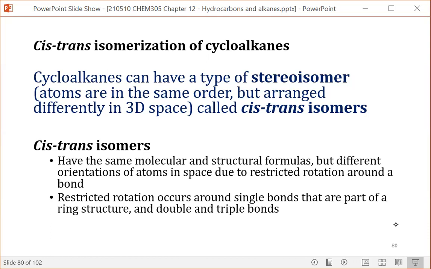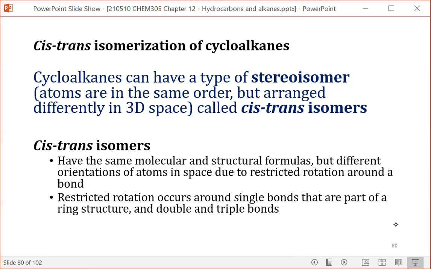And you think, oh, these aren't isomers. But in 3-dimensional space, the atoms are arranged in a different arrangement. So cis-trans isomers are going to have the same molecular and structural formulas, but they're going to have different orientations of atoms in 3-dimensional space due to restricted rotation around the single carbon-carbon bonds in the ring.